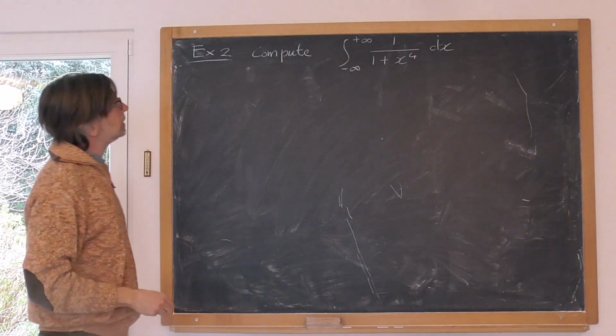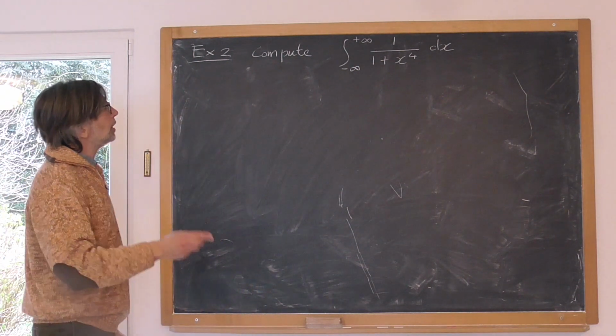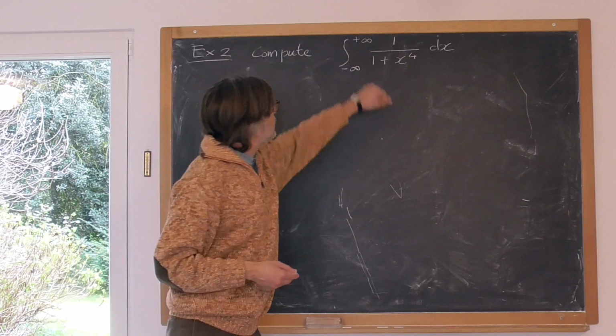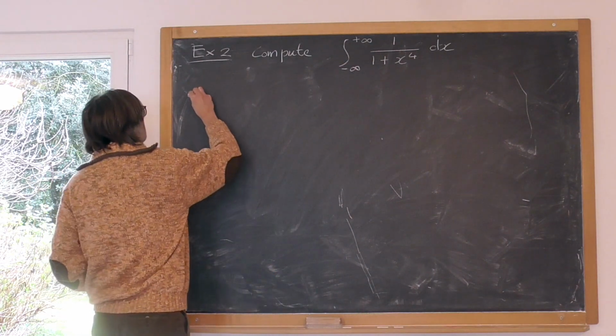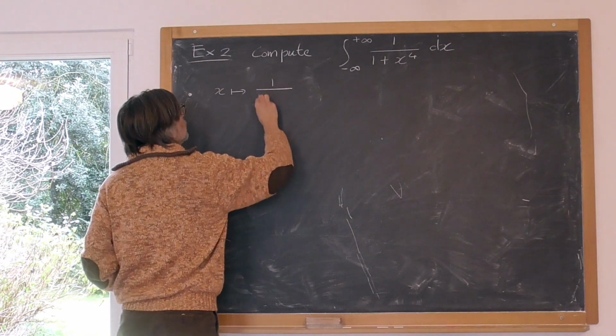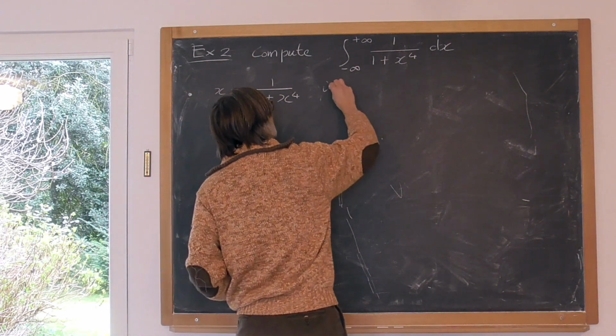Okay. This is an improper integral of a real rational function over the whole real line. So, the first observation is that this function x going into 1 over 1 plus x to the 4th is summable.